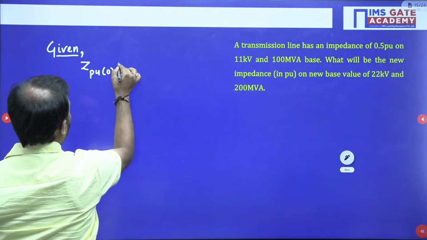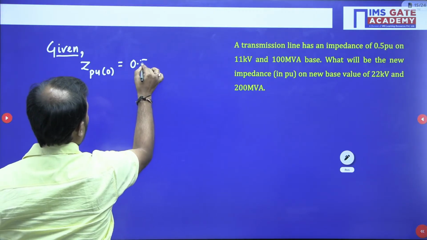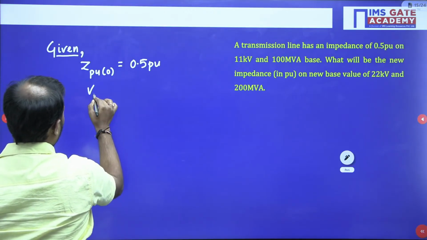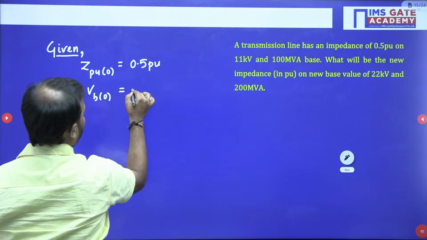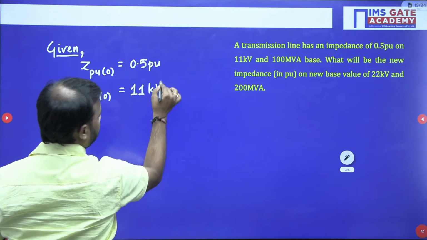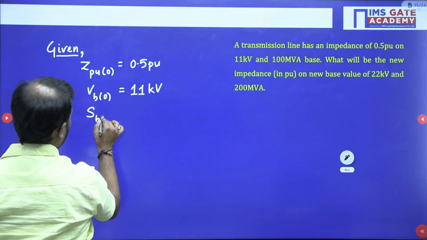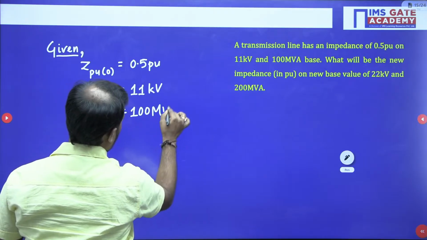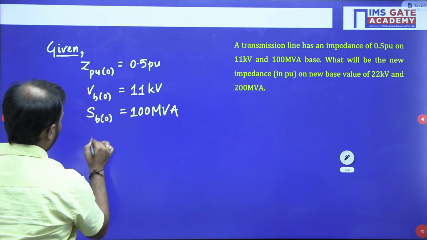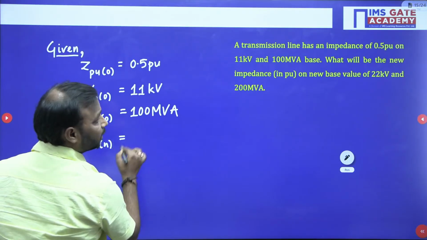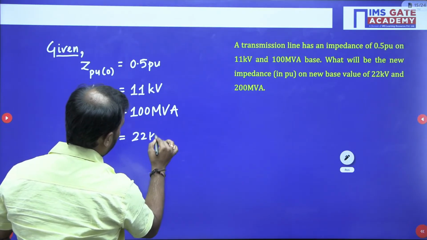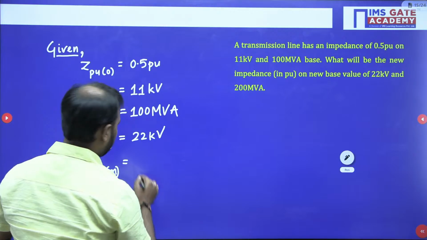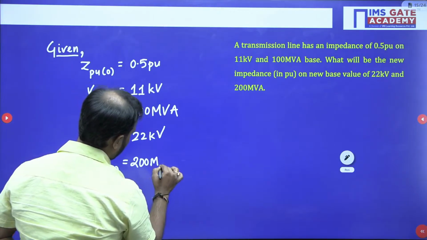It was given that Z per unit old is 0.5 per unit, V base old is 11 kV, and S base old is 100 MVA. Now V base new is equal to 22 kV, and the new base power is 200 MVA.